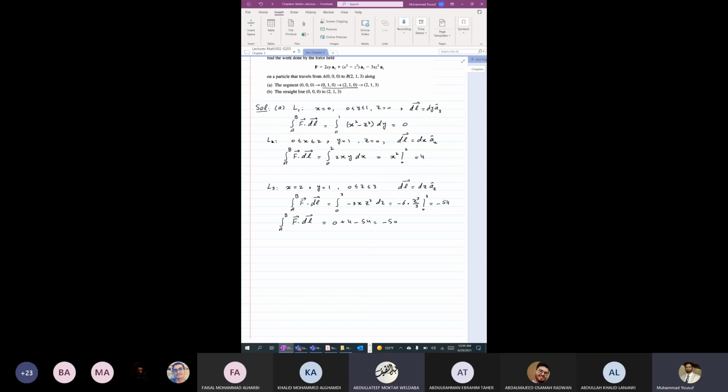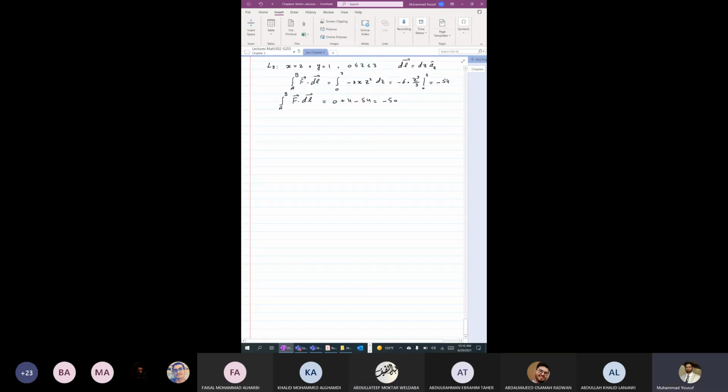In L2, only dx with ax. So we have dx with dl and 2xy with f. They will multiply, and then we take the dot product of ax with ax, and the dot product of ax with ax is 1. Okay, very good.